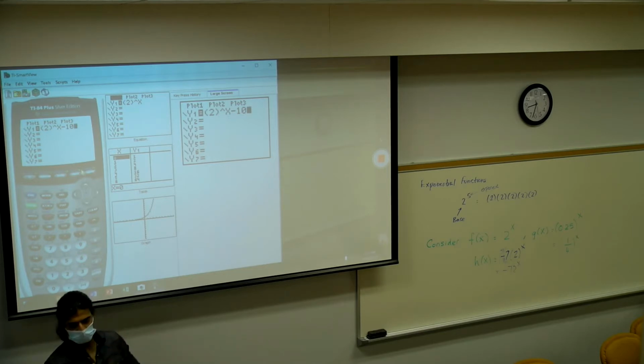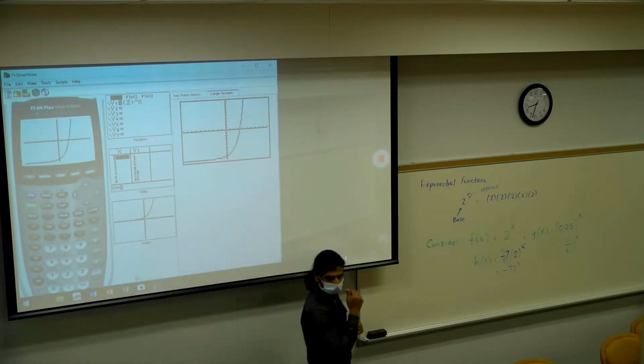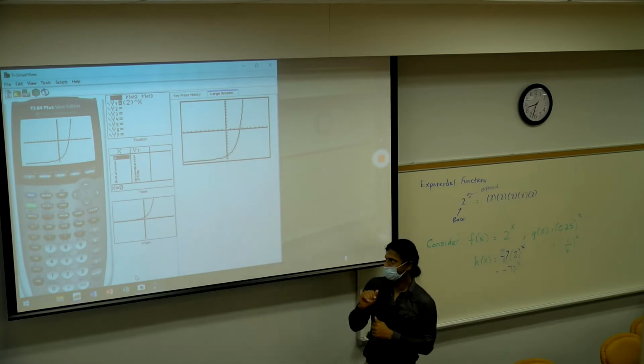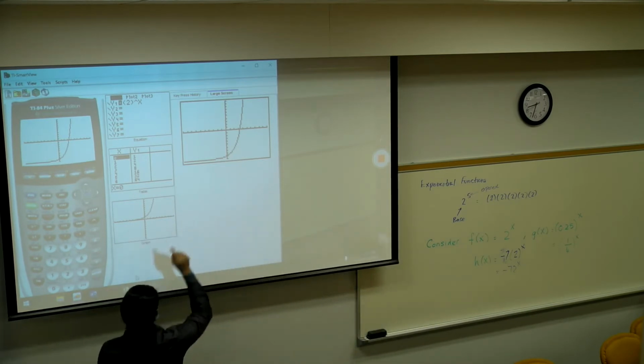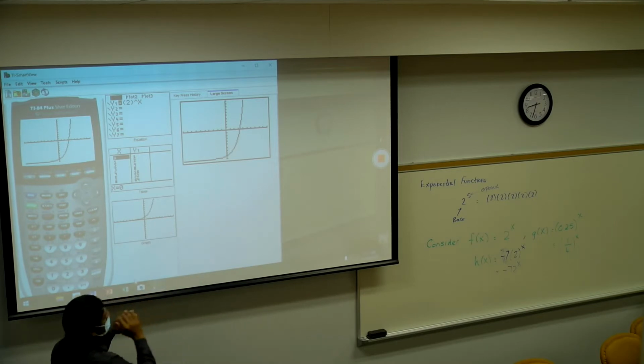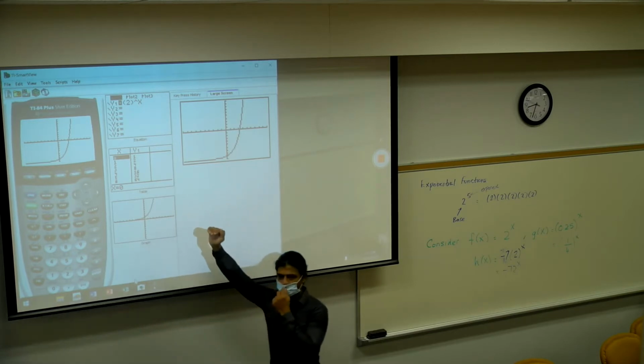It is the same curve, but what happened? It went down by 10. It went down by 10. But you can clearly see when compared to the previous one, regardless of what translation we make, you sort of see an asymptote, right?